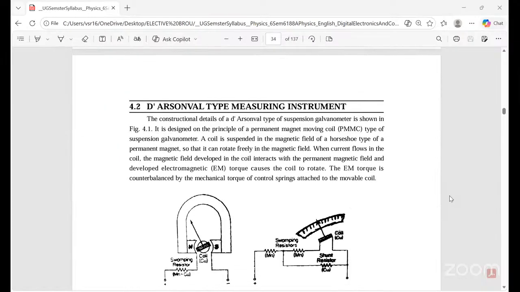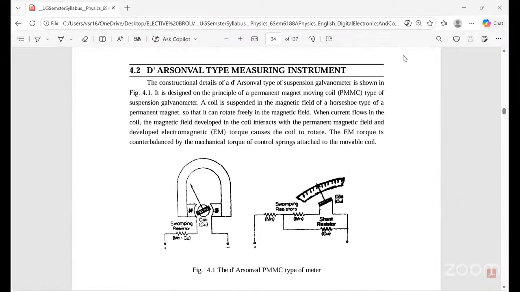You can easily see that D'Arsonval type measurement instruments. This question is asked so many times. D'Arsonval type measuring instrument. So this is a D'Arsonval type of suspension galvanometer.